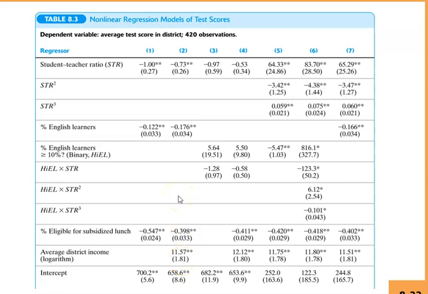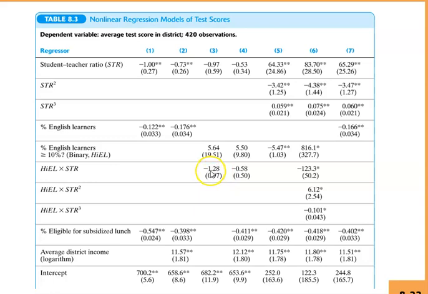So now, if we believe that the relationship between student-teacher ratio and test scores will be different at different levels of percentage of English learners in the classroom, then we can move on to our third specification, which also includes this interaction term between high EL, which is a binary variable, takes the value of 1 when the percentage of English learners in the classroom is greater than or equal to 10%, with the student-teacher ratio.